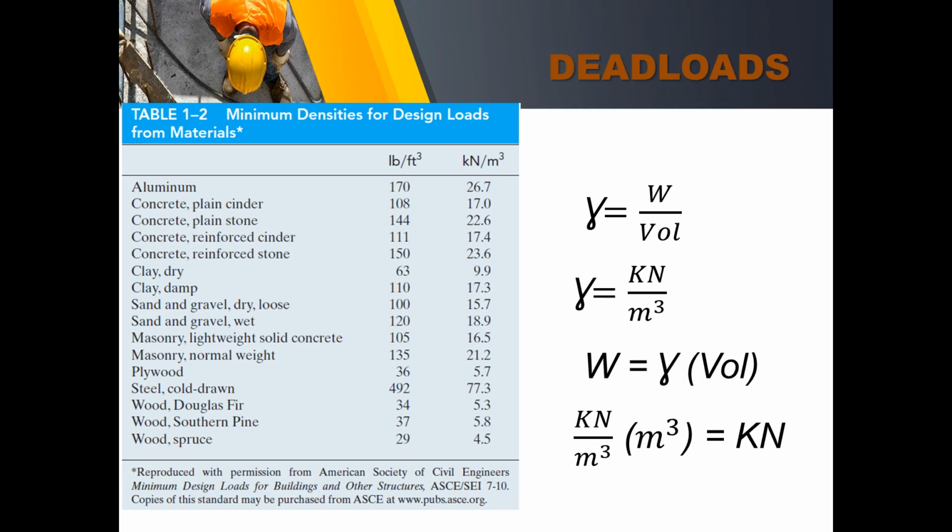In our structural code, you can find the various materials with their unit weight for the computation. Of course, basically, we'll just have to use the formula gamma is equal to the weight over volume. That could be in terms of kilonewton per cubic meter. And of course, solving for the weight, W is equal to gamma times the volume.